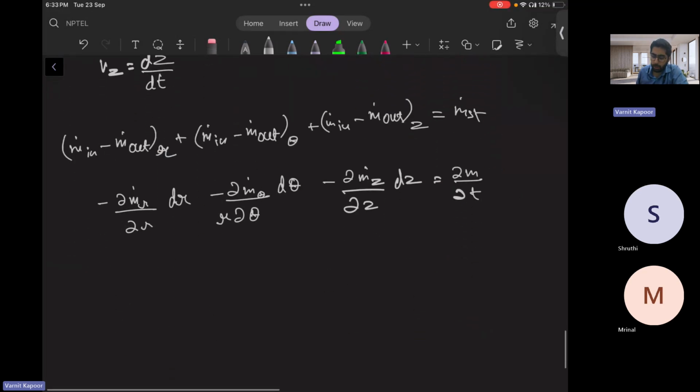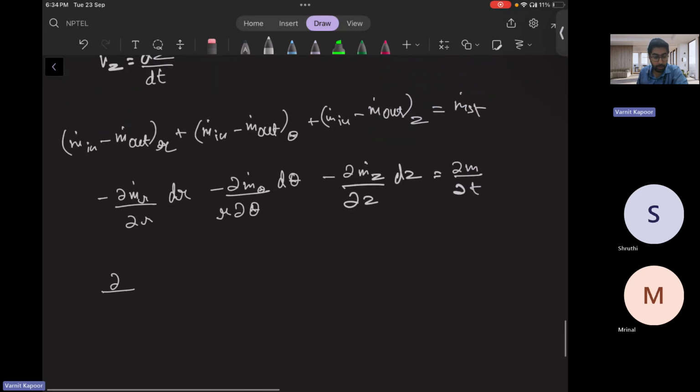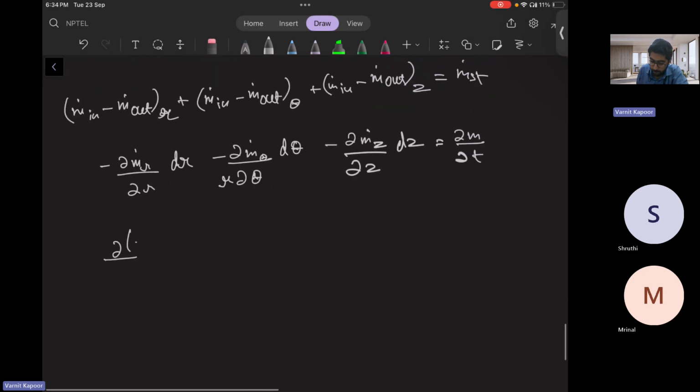Okay. So if you put in all the values and cancel, the final expression will look like: dou by dou r of r rho vr by r, instead of rho u, it will be rho vr. I'm taking an analogy from the Cartesian coordinate general equation.